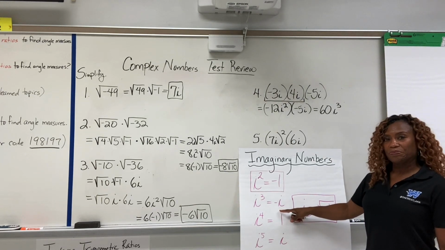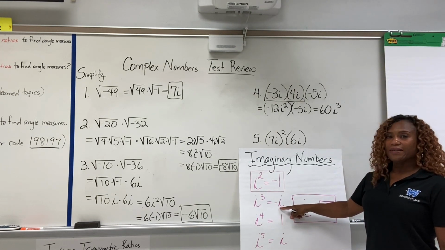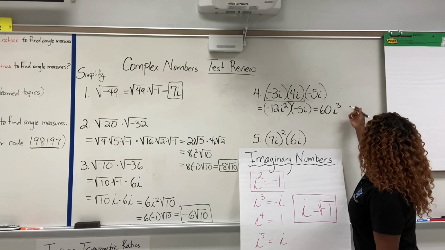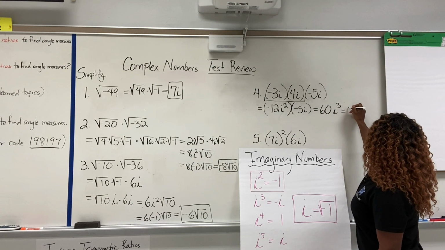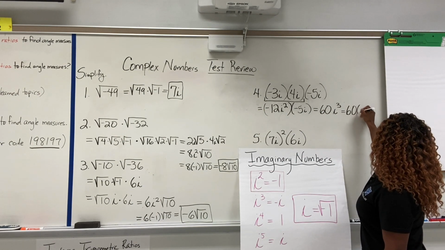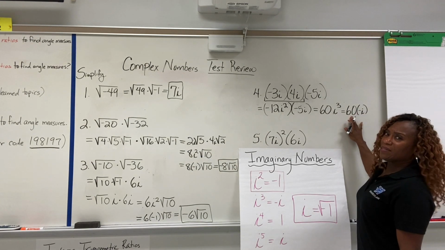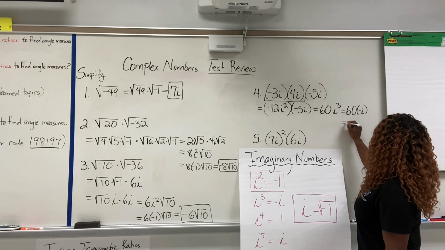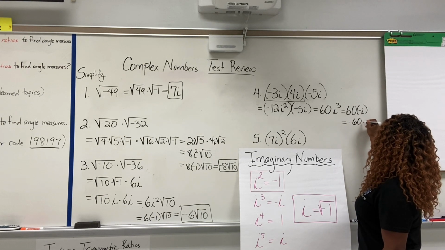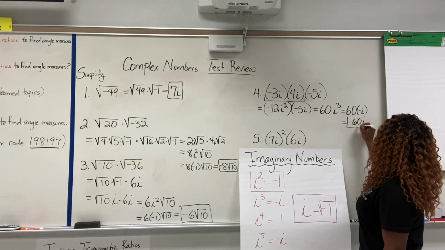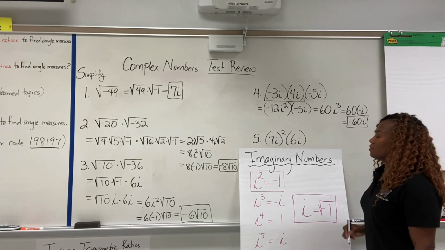We do now. It's equal to a negative i. So I'm going to replace that with negative i. This becomes 60 times negative i. And when I multiply any positive times a negative, I'm going to end up with a negative 60i. So here's my final answer for number 4.